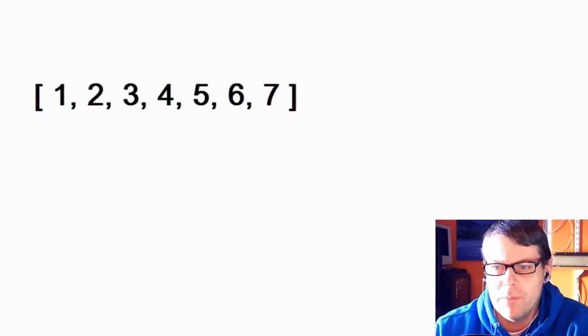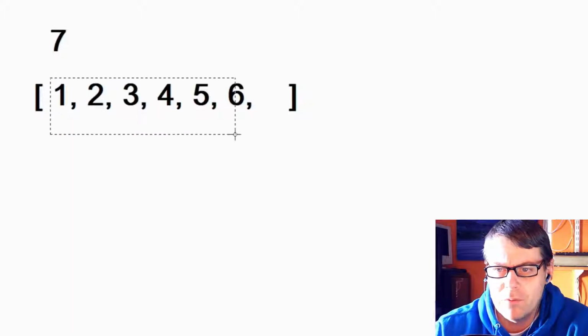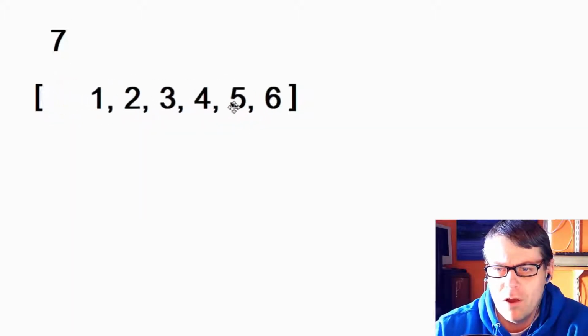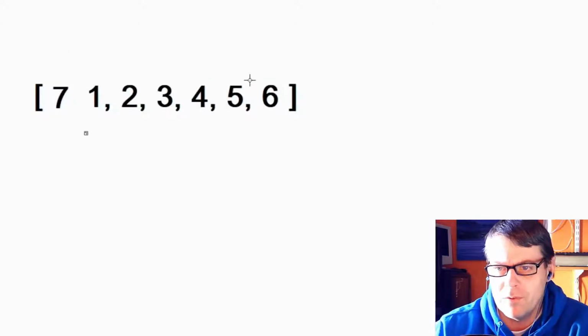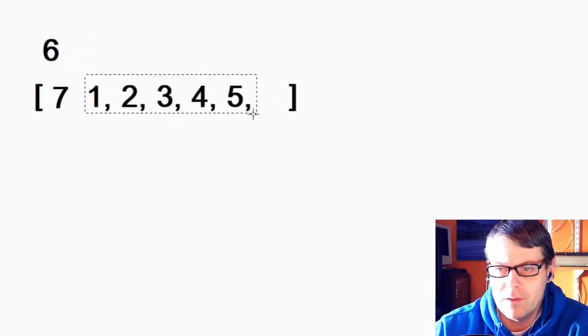Okay, so what it means by rotate is that we want to take the value off the end and move it to the front and move all the other values across. So if we rotate one step, we're going to do that. If we rotate 2 steps, we're going to get another step along.